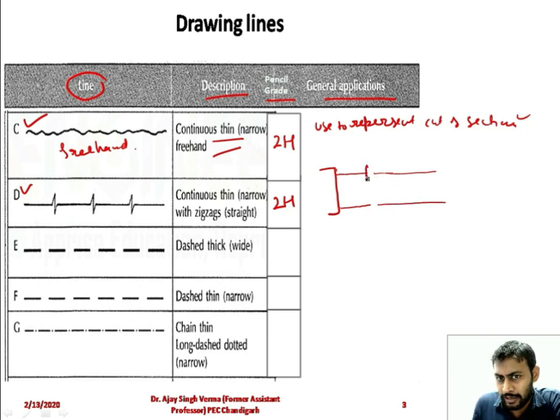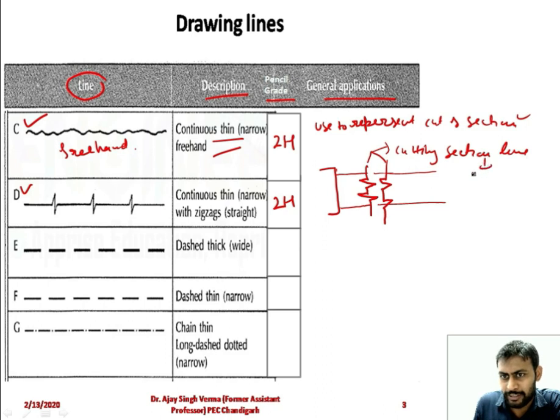We can split it with a long continuous thin zigzag line. This is your cutting section line that will be made with the help of the 2H pencil on your drawing sheets.